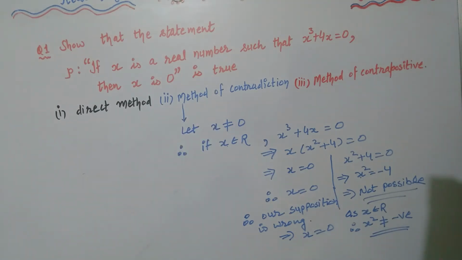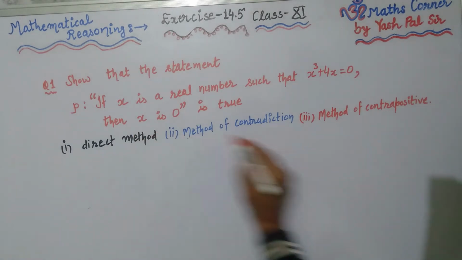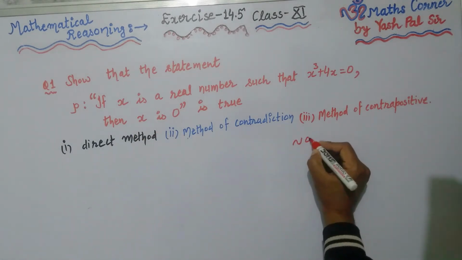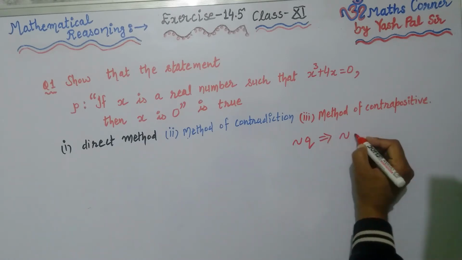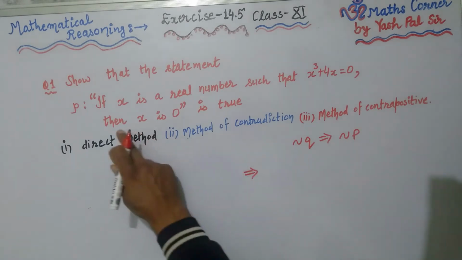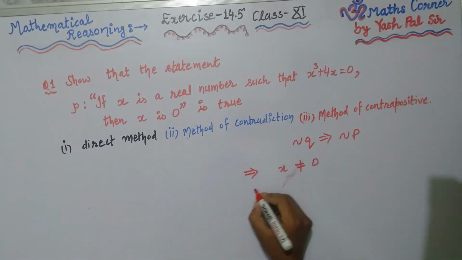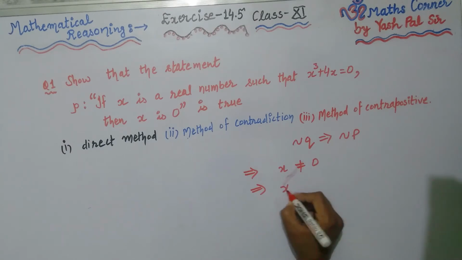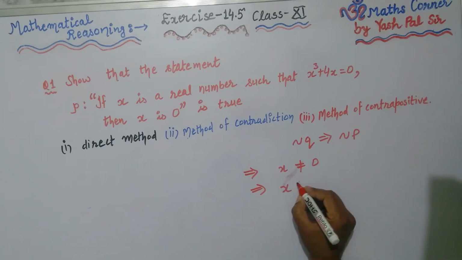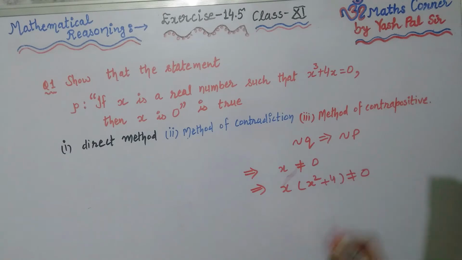Now next one is the method of contrapositive. Contrapositive means we shall prove the question like this: negation of q implies negation of p. So here, what is the negation? x is not equal to 0 implies x into x square plus 4 is not equal to 0.